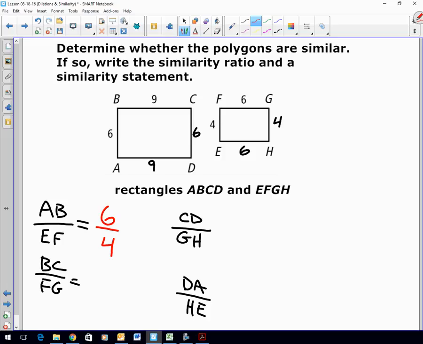Cool. Y'all wanna play again? Daniel, what's the length of BC? Good. Traylon, F to G. 6. All right. Daniel, D to A. 9. Traylon, H to E. 6. Cool.